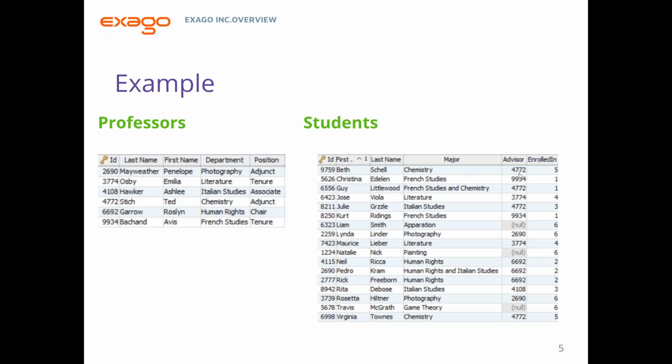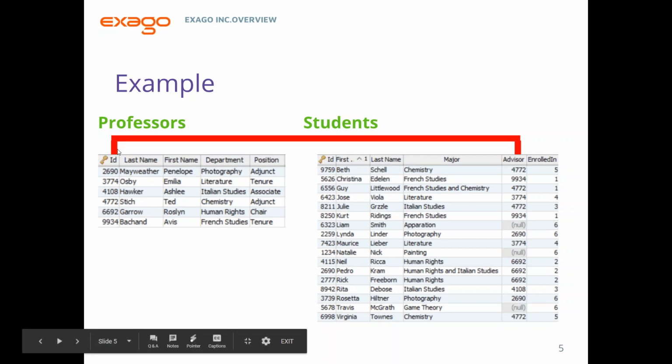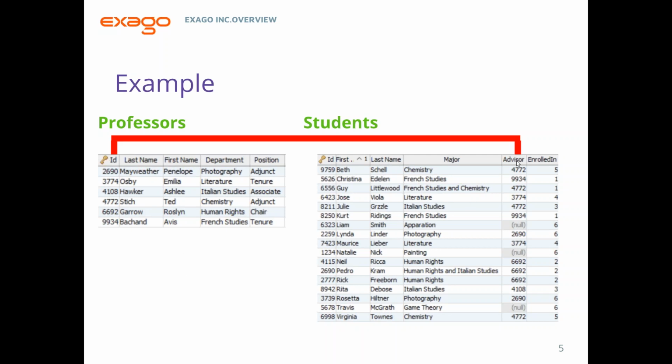And this advisor column is going to be the ID of the professor. So here, Ted Stitch from the chemistry department is the advisor for Beth, who's a chemistry major, right? And so we say that something's joined, or we join these two tables by matching up those particular columns. So you can tell that a professor advises a student if the professor's ID matches the student's advisor ID.